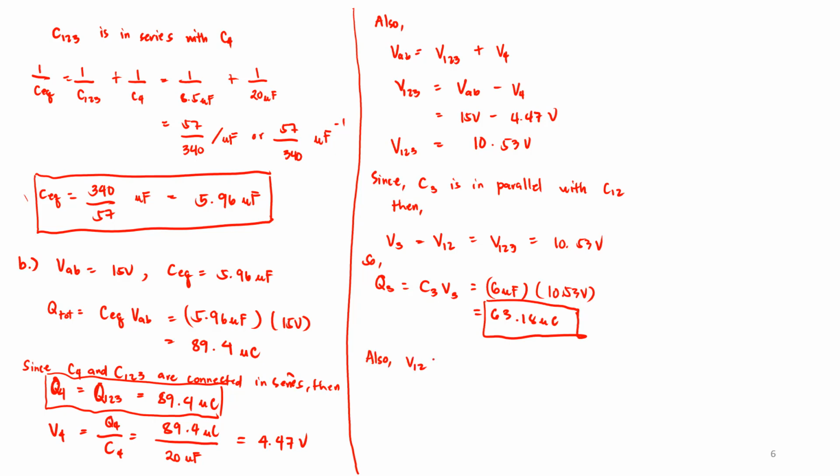Now, we know that V12 is also equal to 10.53 volts. We can get Q12, the charge that is stored in capacitor C12. Q12 is equal to C12 multiplied by V12.